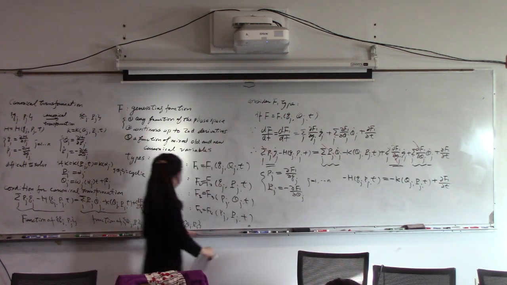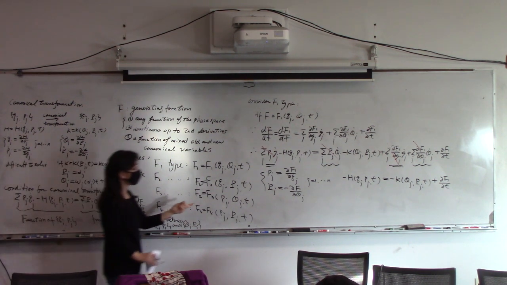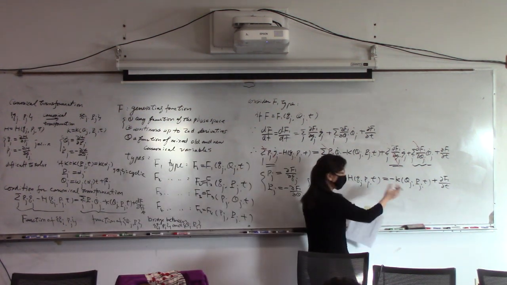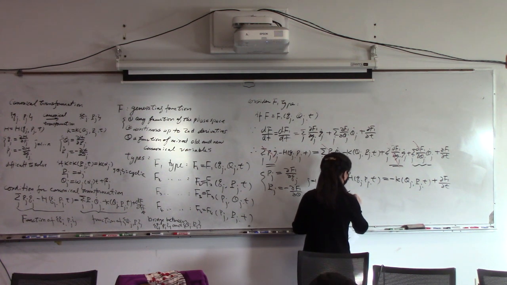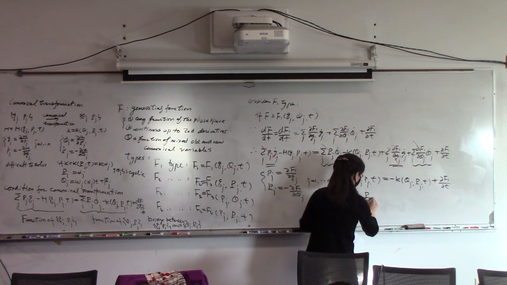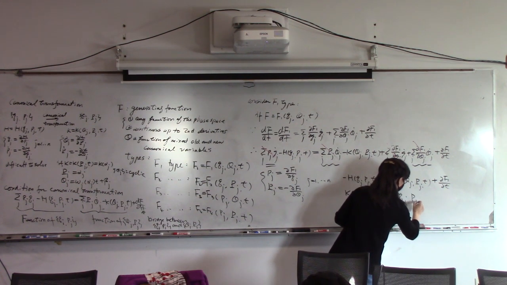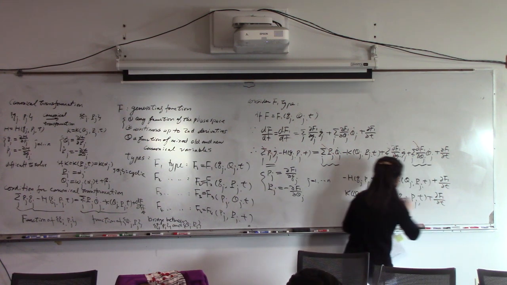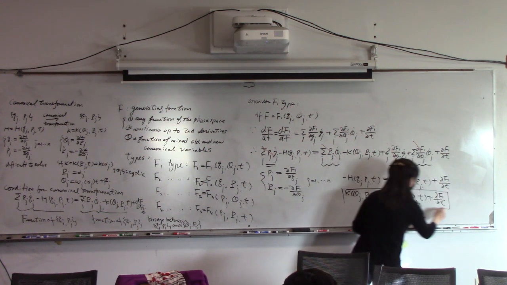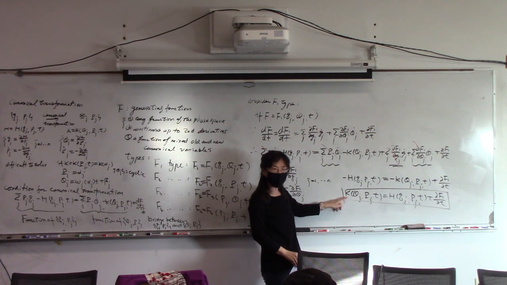So you can see that once we use the F1 type, the condition for canonical transformation reduces to this. Now I'm going to organize it: I move K to the left-hand side and H to the right-hand side. This shows how to find the new Hamiltonian.